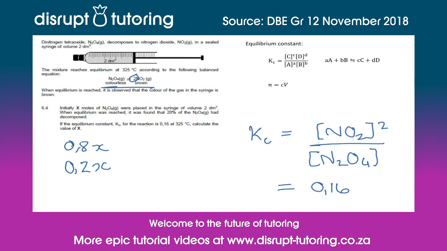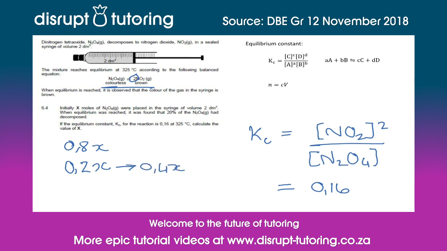Now, according to the balanced equation, for every 1 mole of dinitrogen tetroxide that decomposes, 2 moles of nitrogen dioxide are produced. So that means that the number of moles of nitrogen dioxide at equilibrium is actually 0.4X moles.